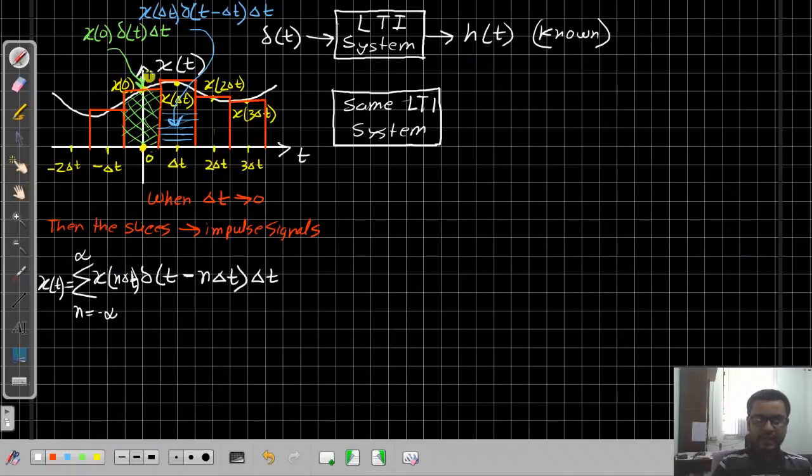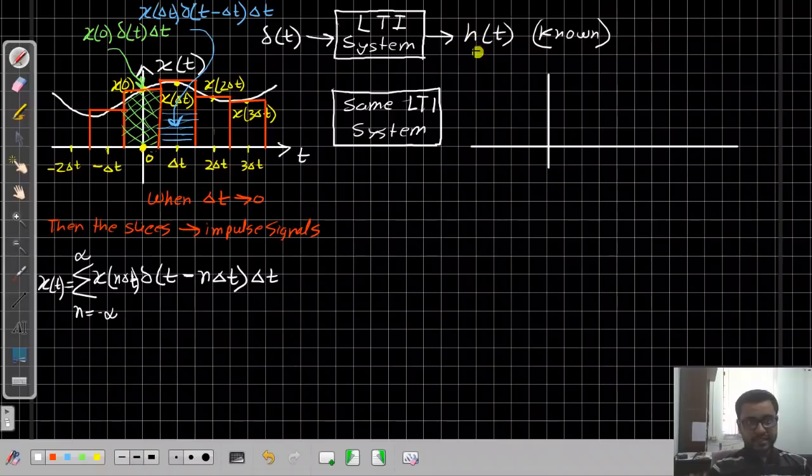We have already seen this trick before. So this is the input. Now how will the output look for this particular input? Okay, let us do that.